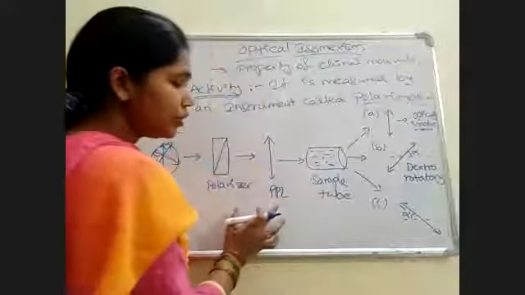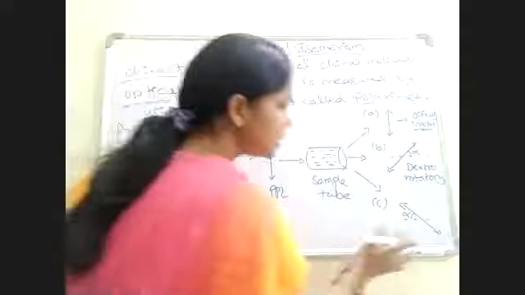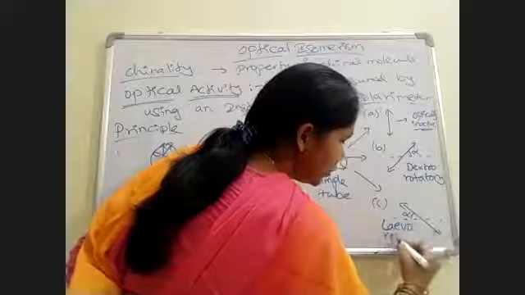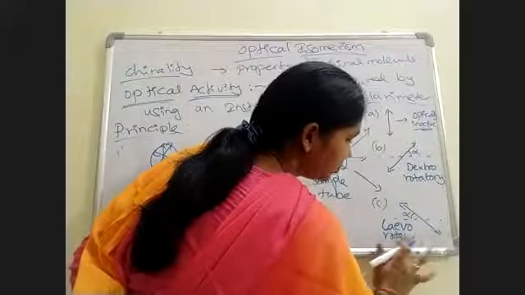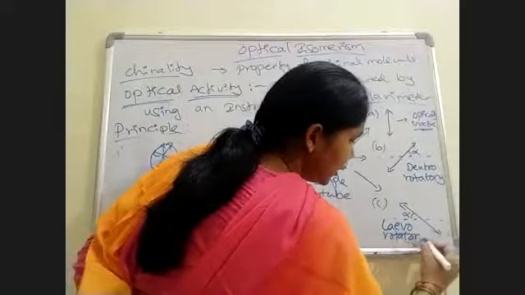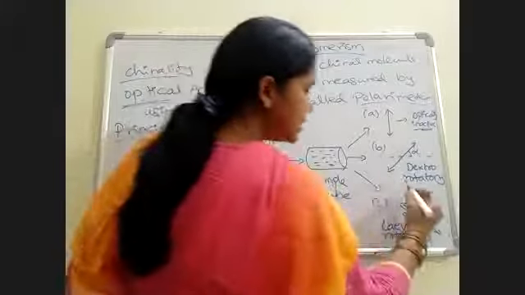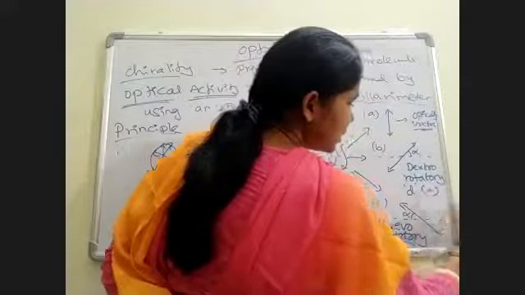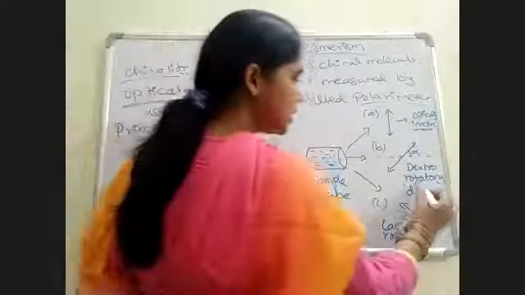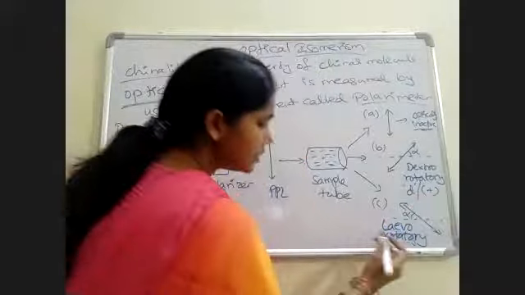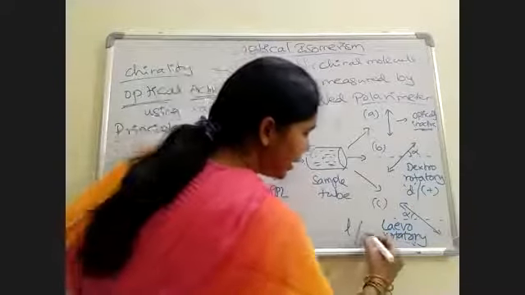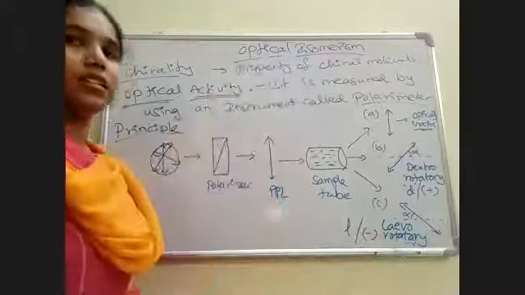And if the molecule turns the plane polarized light towards left, then that molecule is said to be a levorotatory molecule. Dextrorotatory is represented as small d or plus, and levorotatory molecules are represented as small l or minus sign.